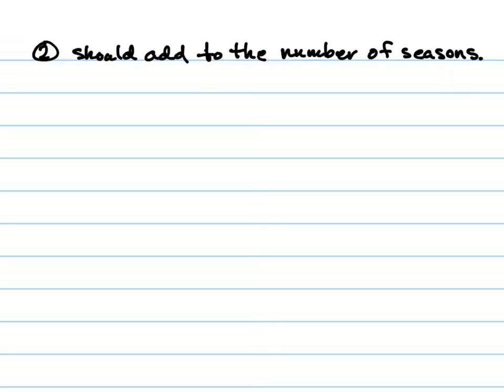Because some of them are going to be above 1, some below 1, but if you add them up, they should add up to make a 4. If they were monthly, then they should all add up to make 12. So you can check to see that you have the right figures if you just add them all up and they equal the number of seasons. Again, we're going to do plenty of examples of that, so don't panic if that's not making sense to you. Right now, I want you just to focus on the ideas.